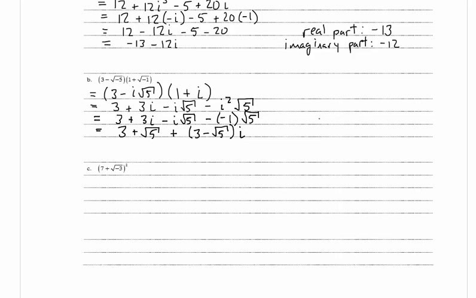So our real part is 3 plus the square root of 5. And our imaginary part is 3 minus the square root of 5.